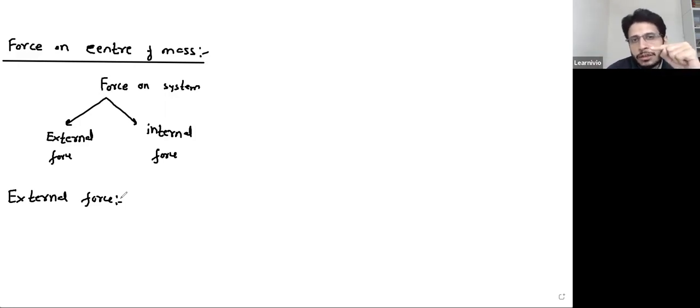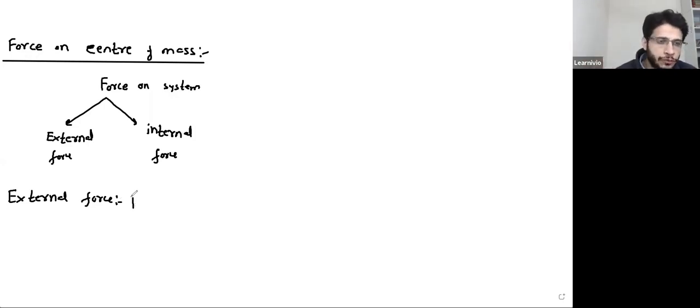So the force which Earth exerts on the moon or moon exerts on the Earth is internal force, because Earth and moon are the parts of the system. But if sun is exerting some force over Earth, then that force is external. If sun is exerting some force over the moon, then that force is external. So forces applied by the parts of the system or constituents of the system are known as internal forces. But the force applied by the agencies out of the system are external forces.